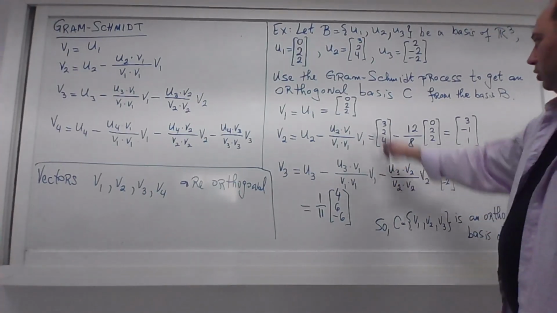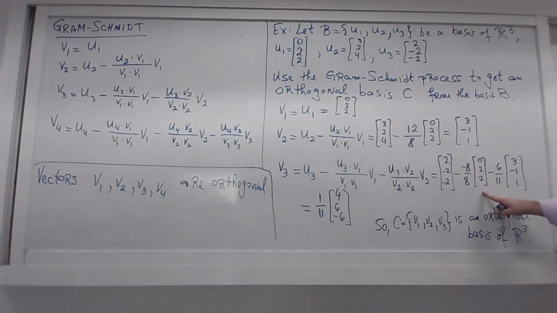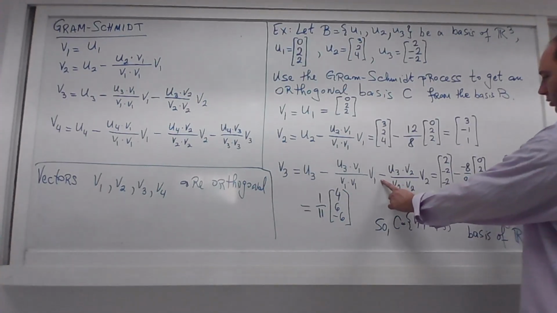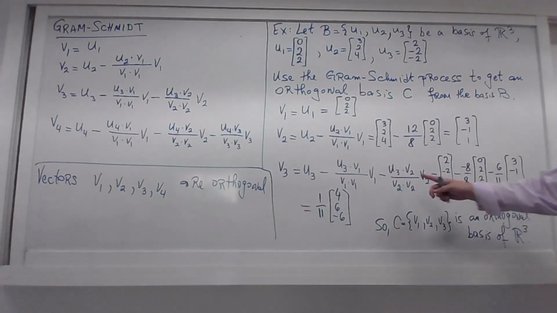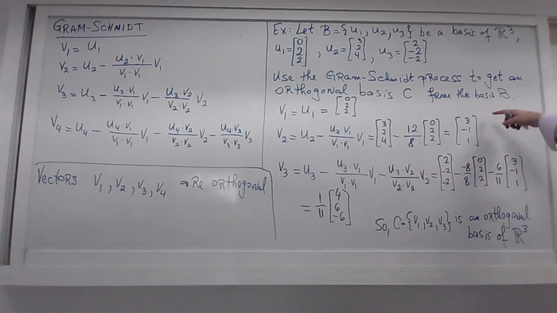Times U1, copy. Minus. Now the dot product upstairs, U3 times V2. You will get 6 plus 2 minus 2, so that's 6 upstairs.